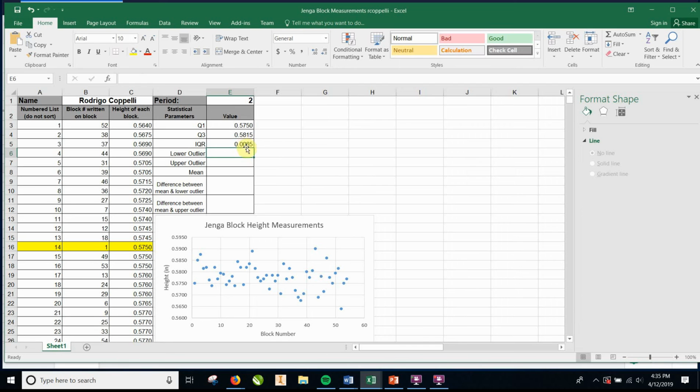Interquartile range. This is going to be helpful for us when we try to identify our lower outlier. Let's see, 7F: using Excel formulas in cell E6, find the lower outlier. So the lower outlier is Q1 minus 1.5 times the interquartile range.